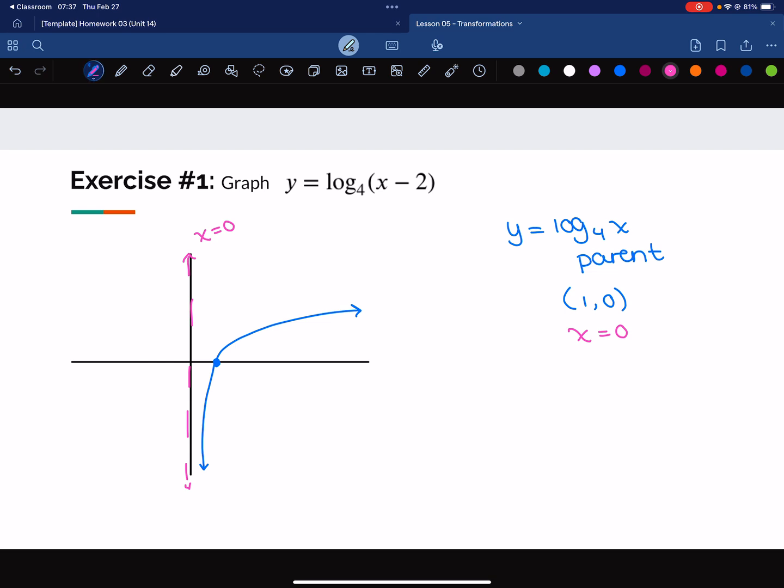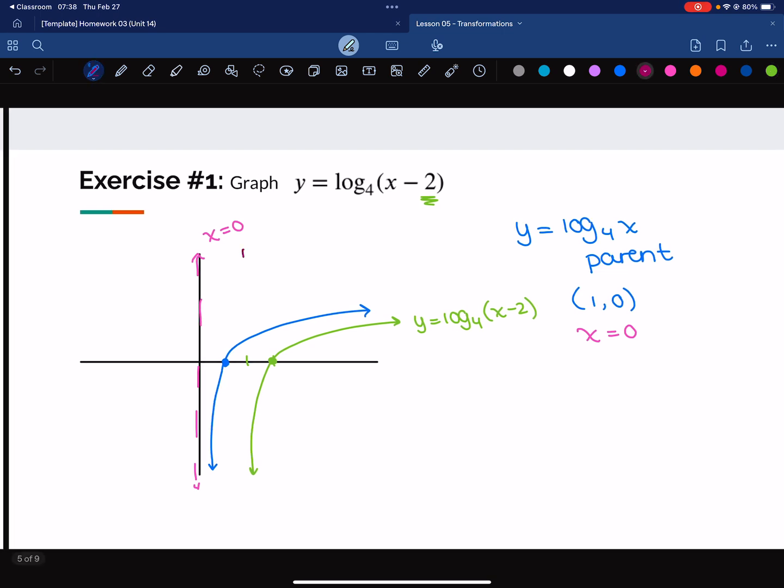Now, what I see here is that this had a horizontal shift to the right 2. So if that shifted right 2, as I have here, so this is y equals log base 4 of x minus 2, what's happening in this case is I'm also going to move over my asymptote, right?